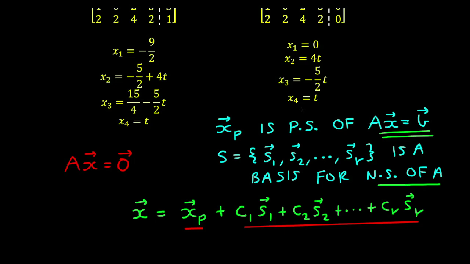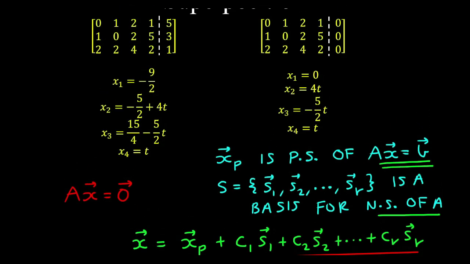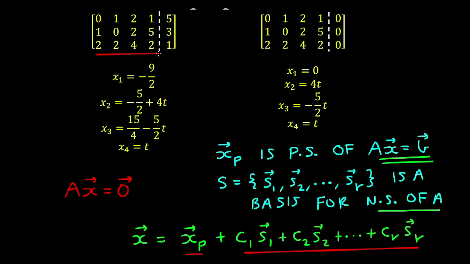So remember, in a previous example we had this as matrix A and this as vector B, and we solved for this system and obtained the following solution. So we used Gaussian elimination with back substitution to do that. And similarly, we also solved for the homogeneous linear system being Ax equals 0 and obtained the following solution.